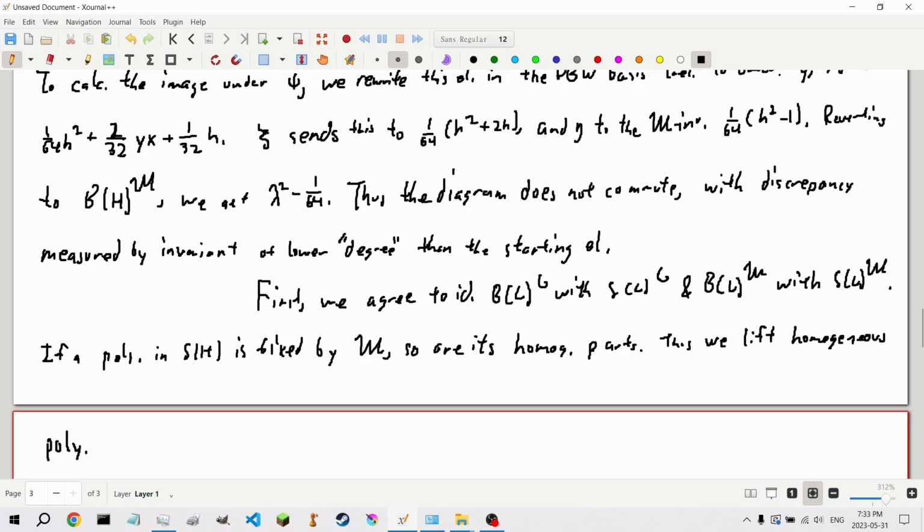Polynomials to our fancy set by inducting on degree.